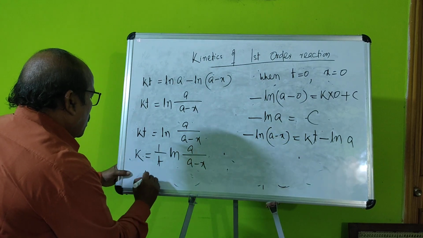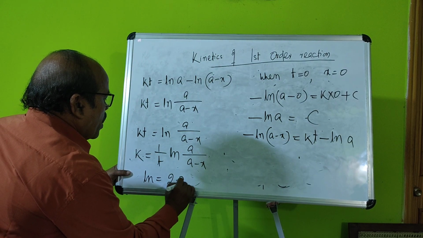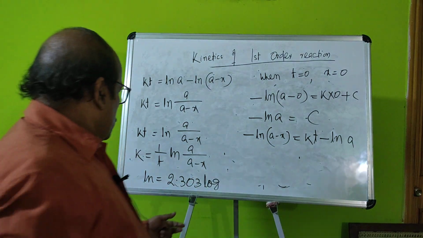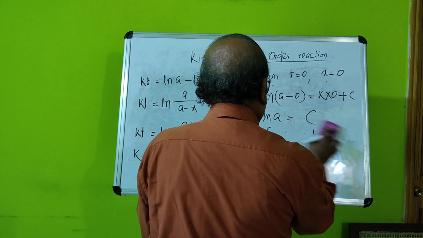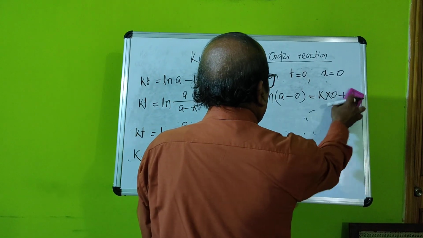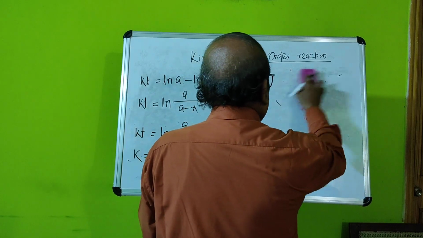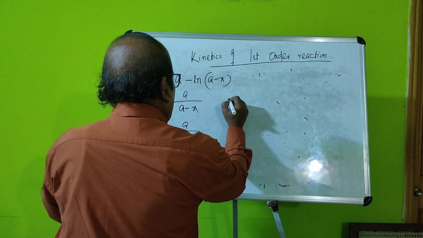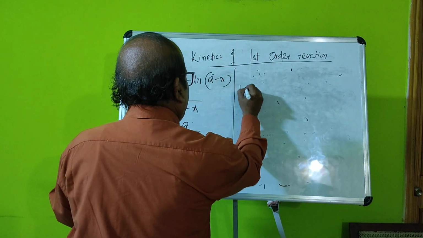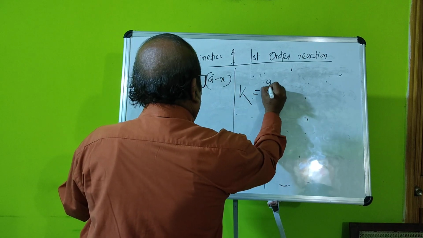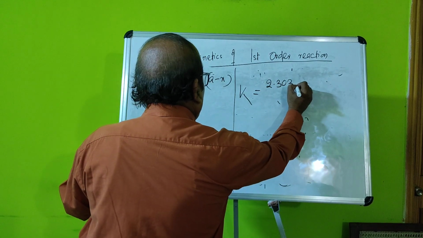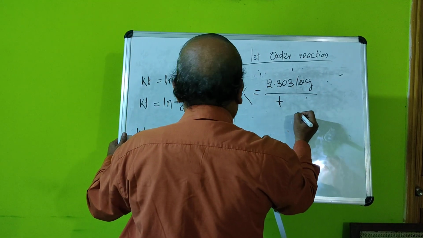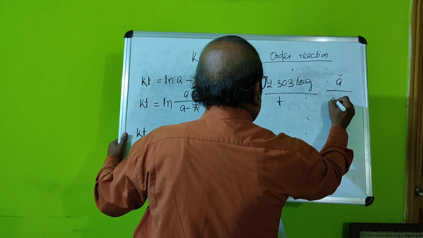We know ln is equal to 2.303 log. So K is equal to 2.303 log by t a by a minus x.